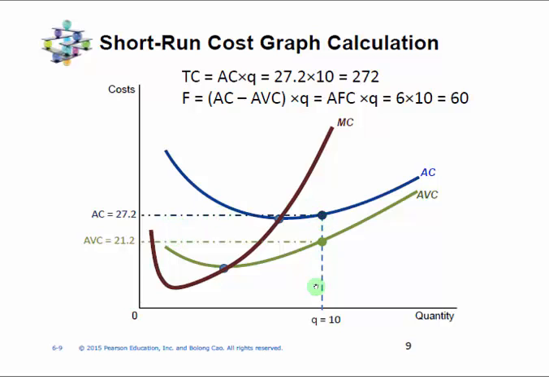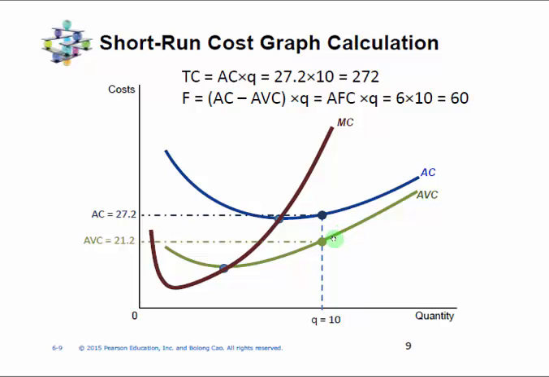So here, when you're producing 10 units, the average fixed cost is 6. So now we know the fixed cost itself is average fixed cost times the quantity. 6 times 10 got 60, right? So that's a way to figure out exactly what the fixed cost is.